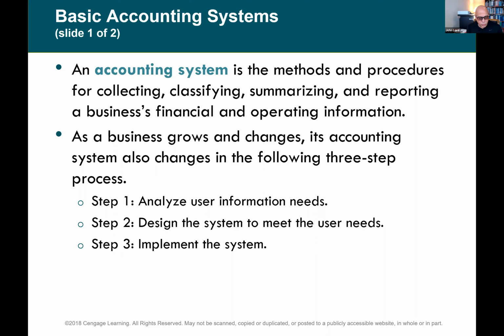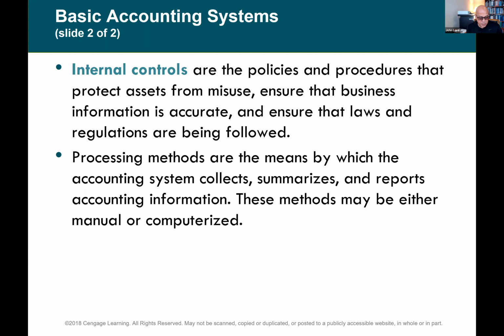Now, if you have some sort of automated system, there would be a developer of that system who would understand the needs of the users, design the system, and then, of course, implement the system. We're going to talk more about internal controls in chapter 8.